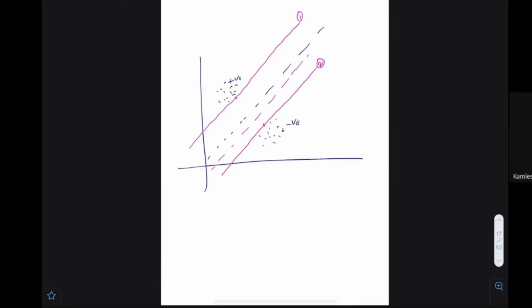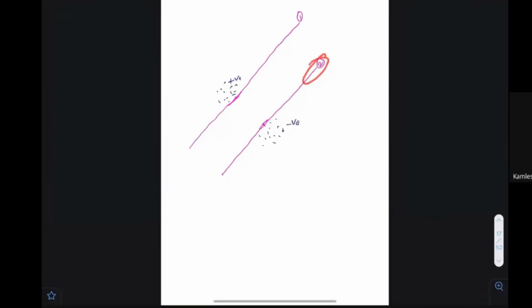I have drawn them badly, but think that the point is on this particular side, so their margin is very small. To do better, instead of using this line, you use this line. Instead of this, you can use this. But if you go beyond the halfway point, then again there would be a problem.